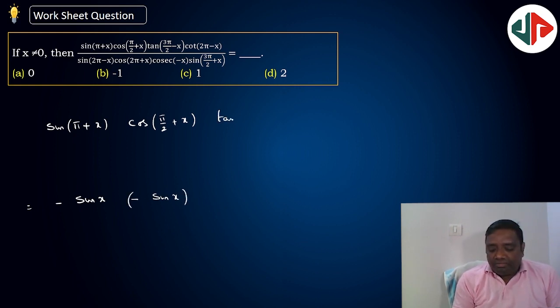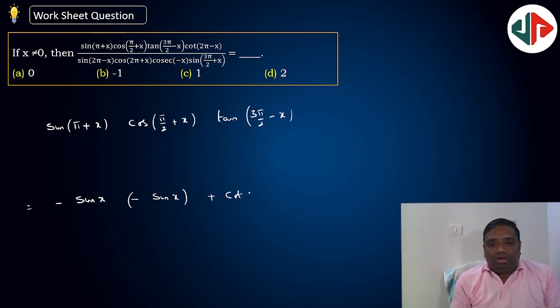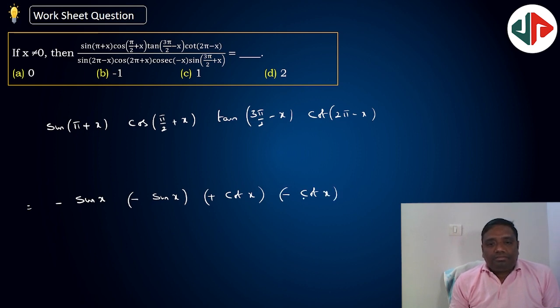Tan of 3 pi by 2 minus x means third quadrant, where tan is positive. Odd multiples of pi by 2 means tan changes to cot, so cot x. Next, cot of 2 pi minus x means fourth quadrant, where cot is negative. Even multiples of 90 means cot remains the same, so it becomes minus cot x.